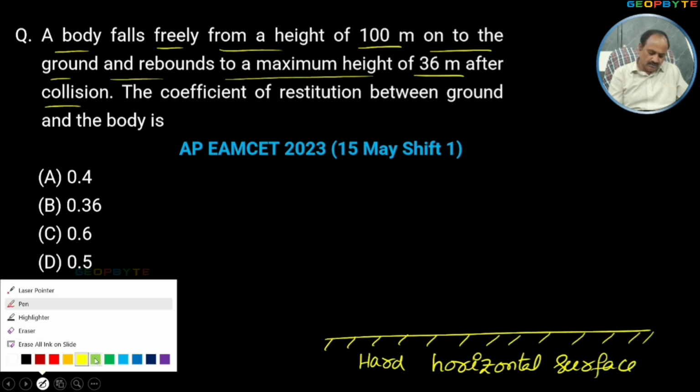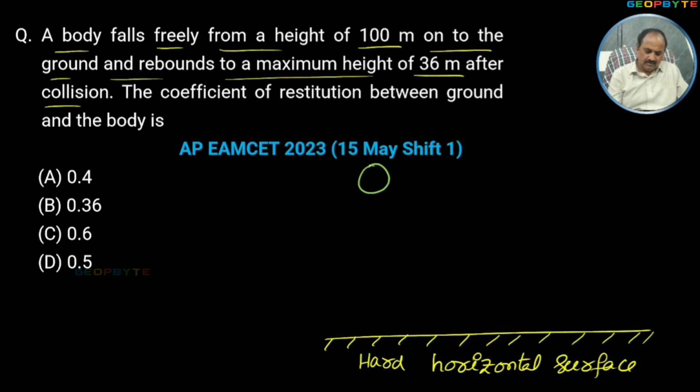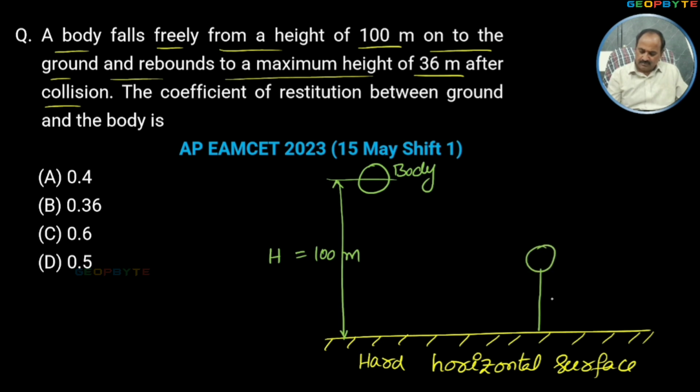With respect to that hard horizontal surface, this is the body, at a height of h equal to 100 meters. Then it is rebounding to a height h equal to 36 meters, with the coefficient of restitution between the ground and the body. You are asked to decide what is the coefficient of restitution.